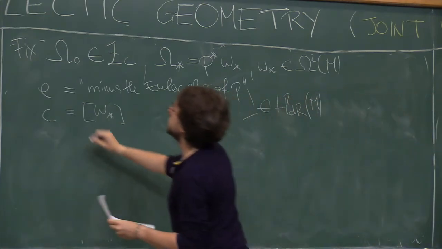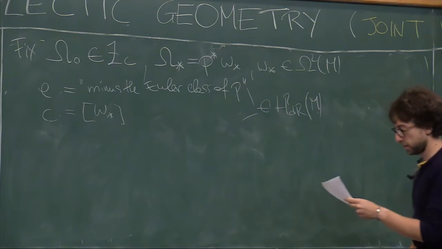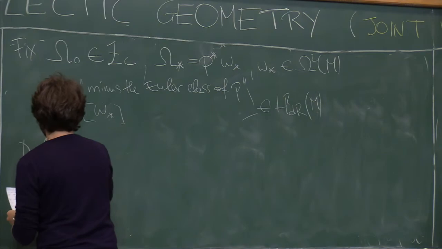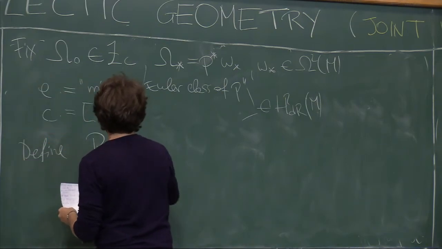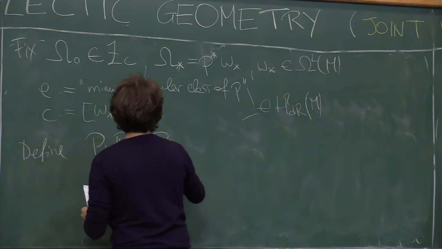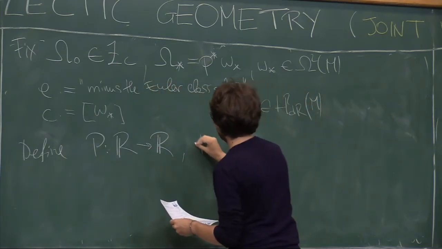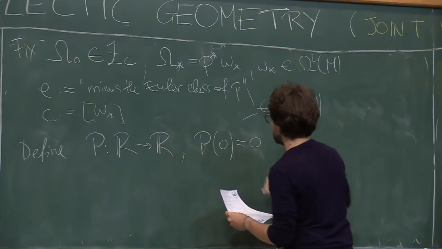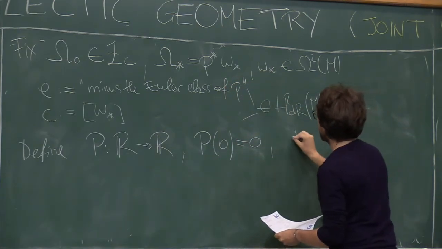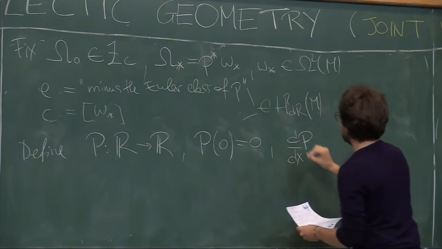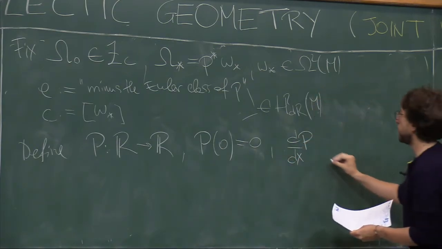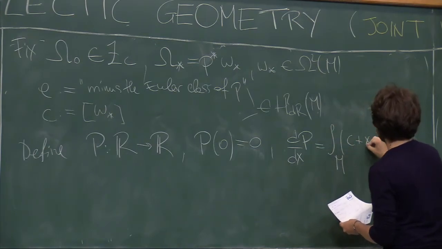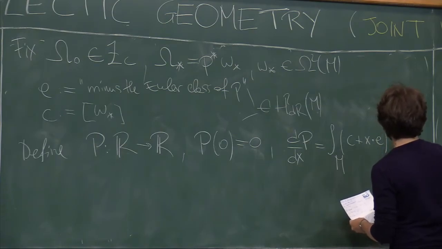And once I have this E and C, I can cook up a polynomial. Define P, a polynomial from R into R, defined by this property. P of 0 is 0. And then I define the differential of P, so the derivative of P with respect to X. This is the integral over M of (C plus X times E) to the n minus 1.